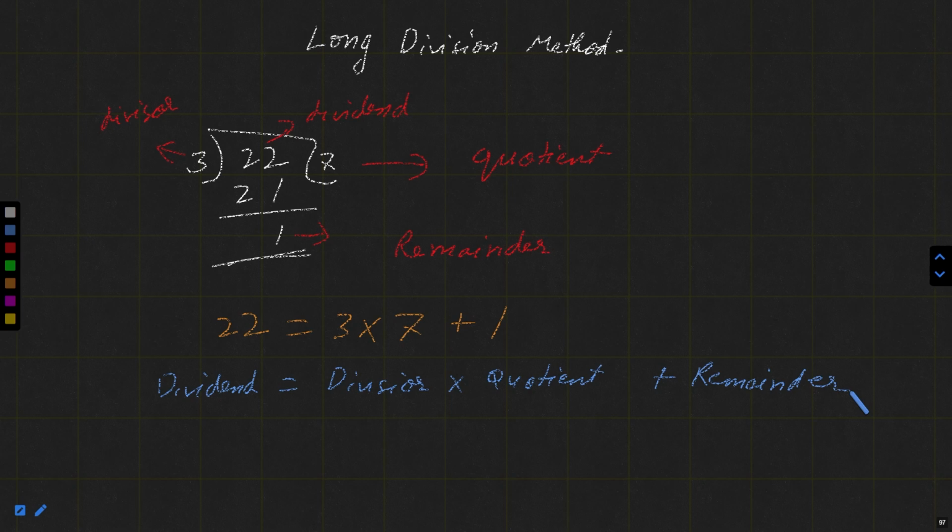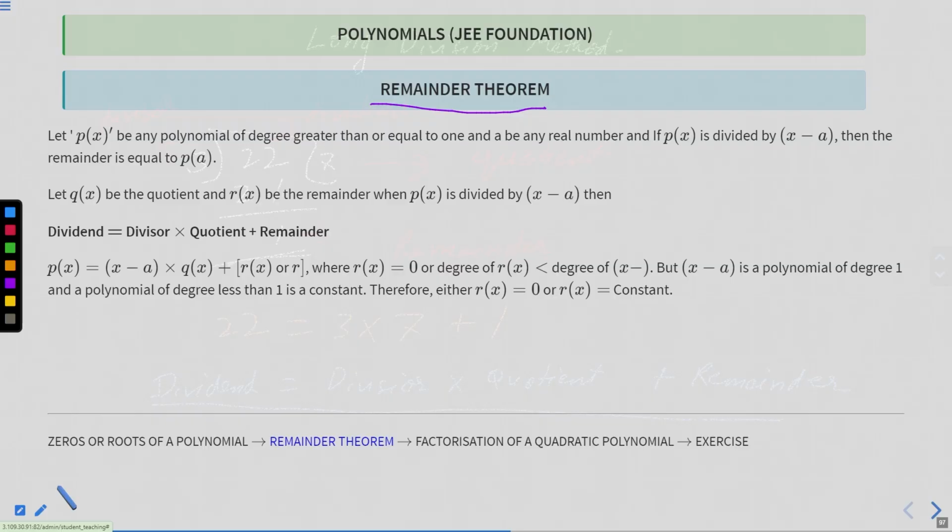Okay, so this thing we also follow in polynomials, and let's see how we use this in polynomials. So if p(x) is any polynomial of degree greater than or equal to 1 and a is any real number, and if p(x) is divided by x minus a, then the remainder equals p(a). I hope this is clear to you. Let's see more deeply.